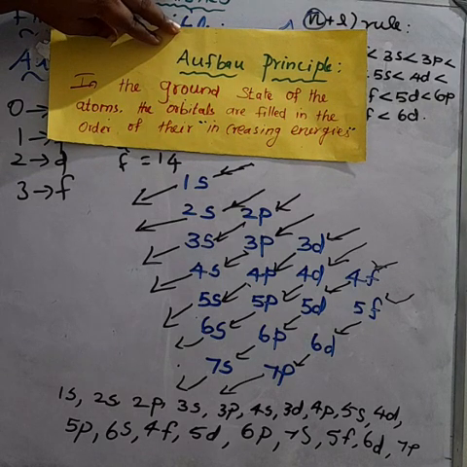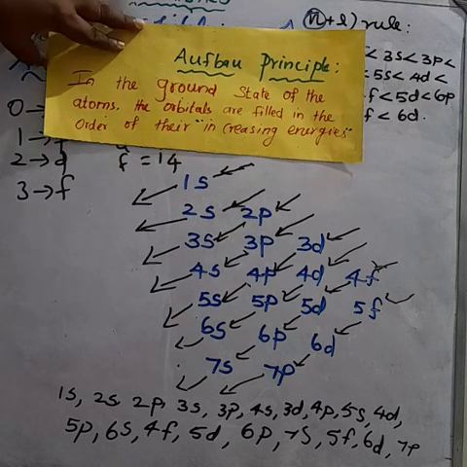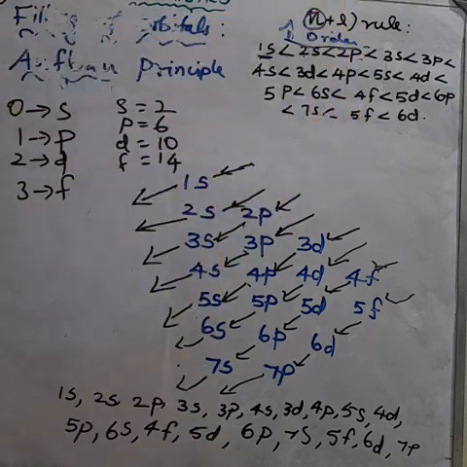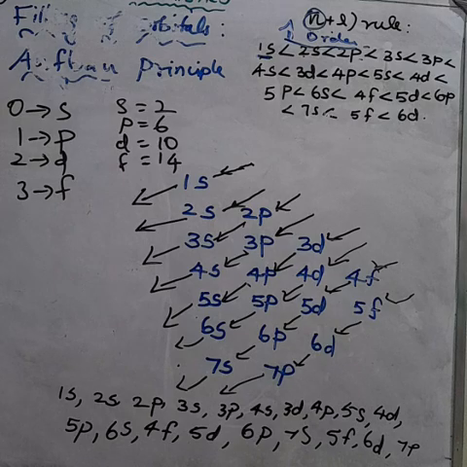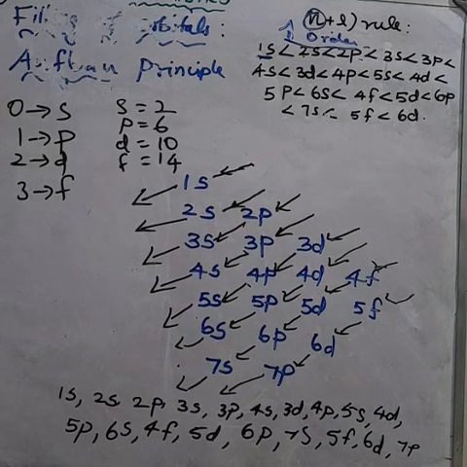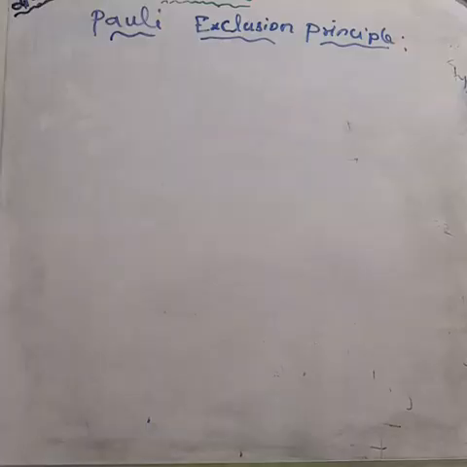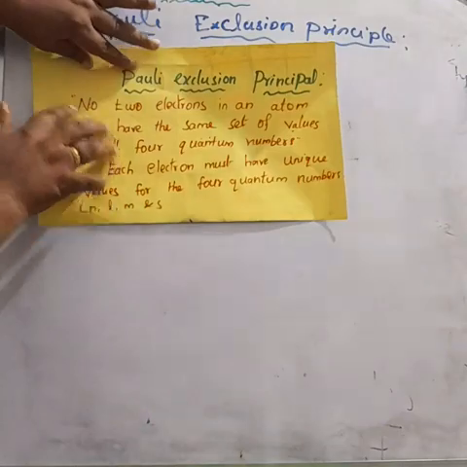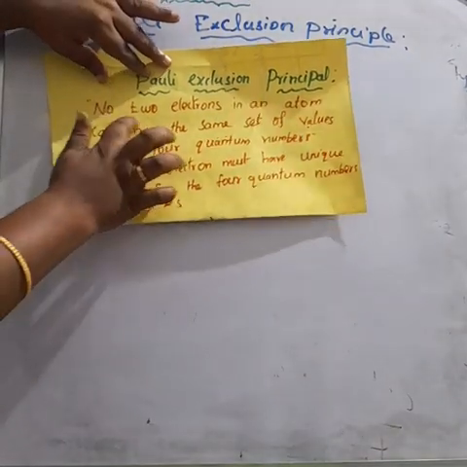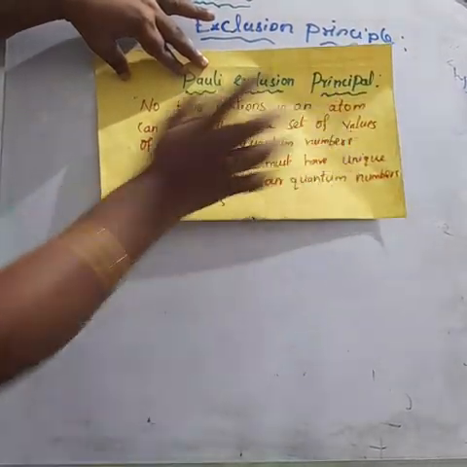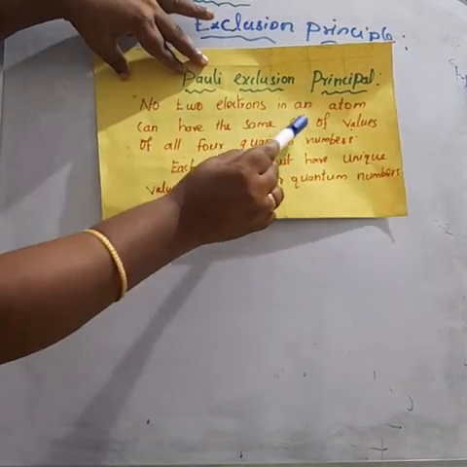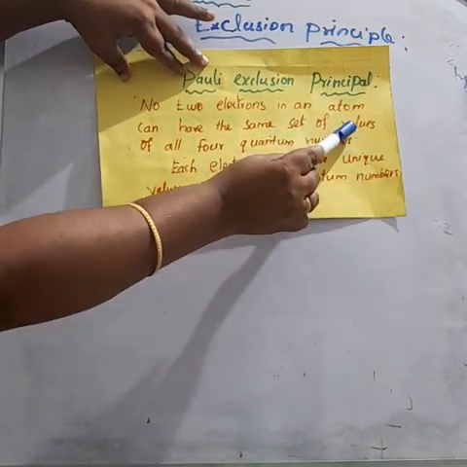Okay, students, then we are going to study the Pauli exclusion principle. Pauli's exclusion principle states that no two electrons in an atom can have the same set of values of all four quantum numbers.